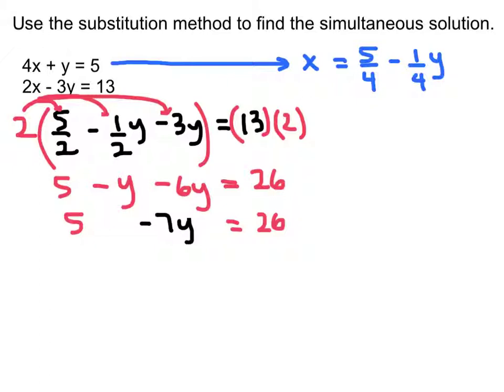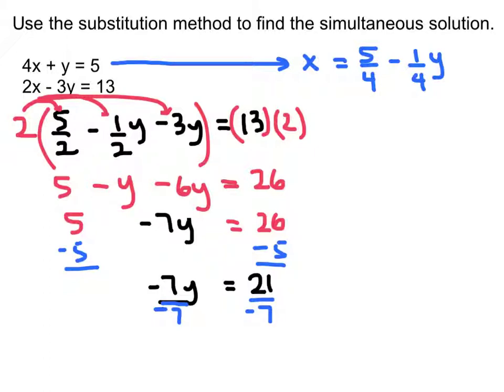And subtracting 5 from both sides, we will have negative 7y equals 21. And to finally solve for y, we'll divide both sides by negative 7. And that will leave us with y equals negative 3.